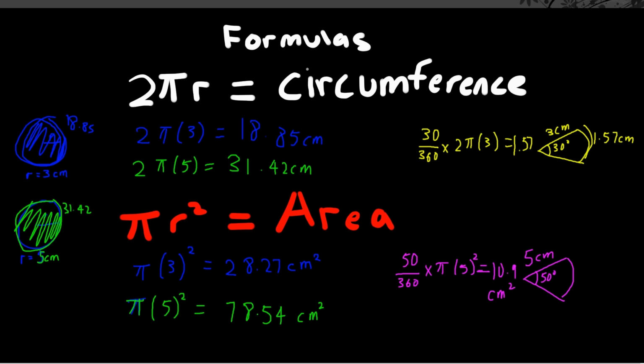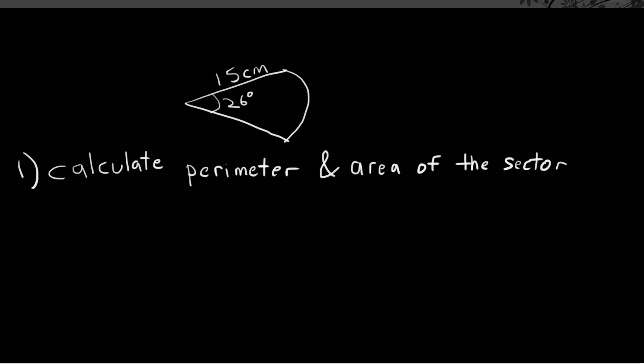So let's look at an example of a circle question. Calculate the perimeter and the area of the sector. Now, perimeter is calculated by using the radius plus your radius plus the arc of your sector.